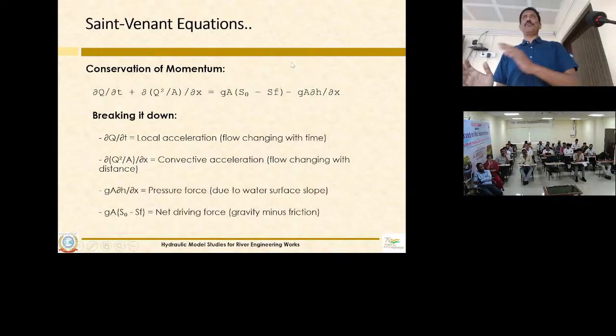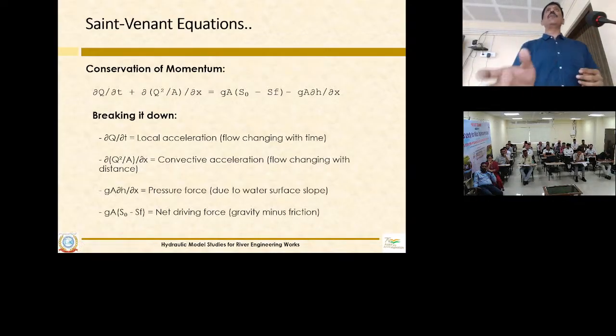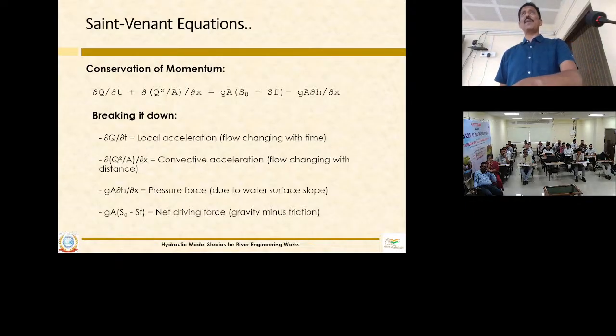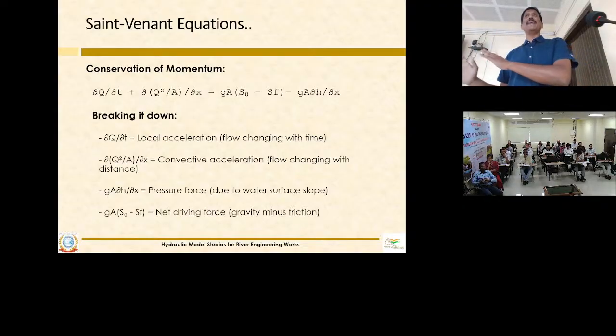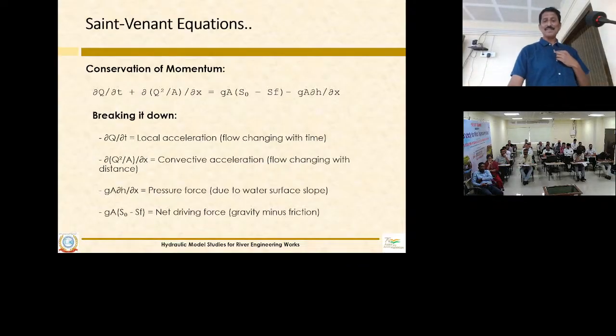So what is the force we are creating and what is the opposition? The net will be the resultant force that is applicable. So the forces are the gravitational forces, resistive forces and the pressure force, along with the local acceleration. When you consider F equals ma, force equals mass into acceleration, these terms balance out, and then we get the momentum equation.